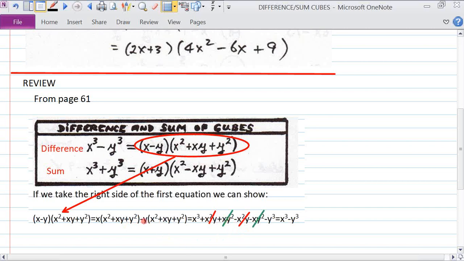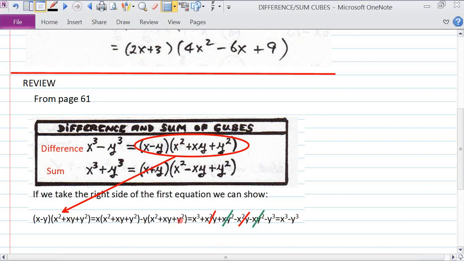Now I multiply minus y times x squared, and I get minus x squared y. Then minus y times plus xy gives me minus xy squared.